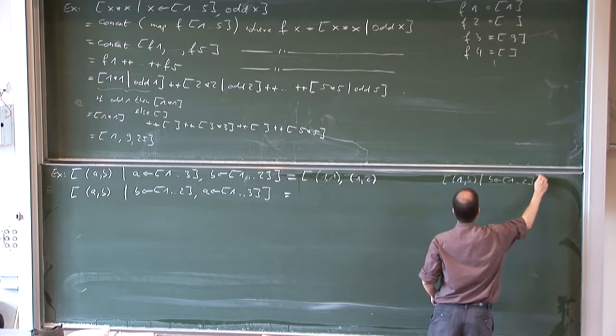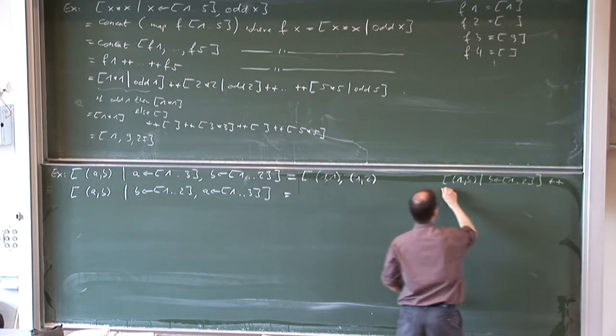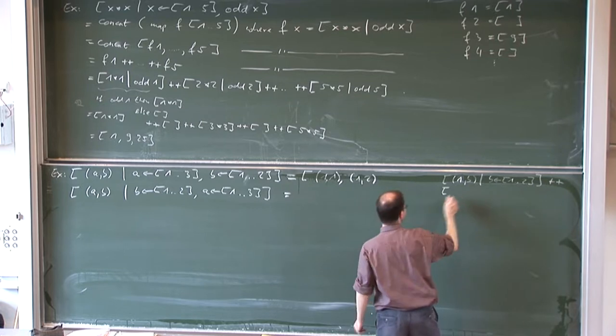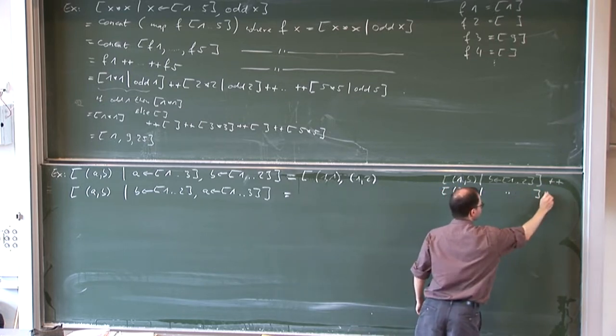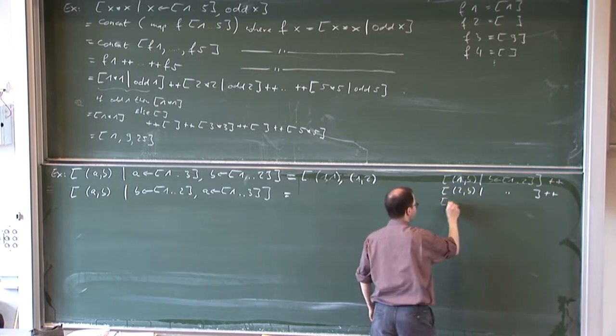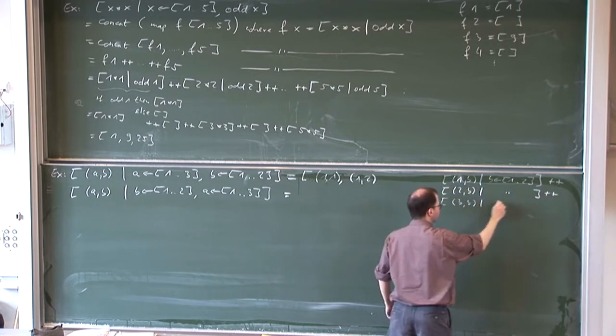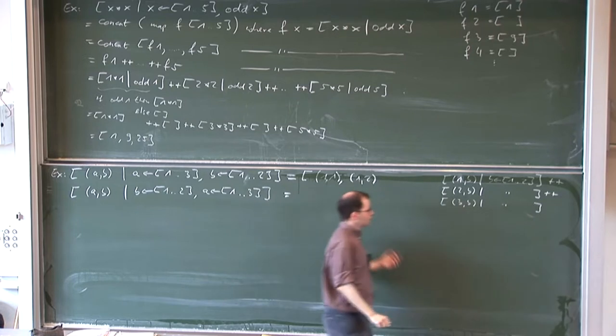And this is appended to the list where we have 2, B, and here we have the same. And this is appended to the list where we have 3, B, and here we have the same.